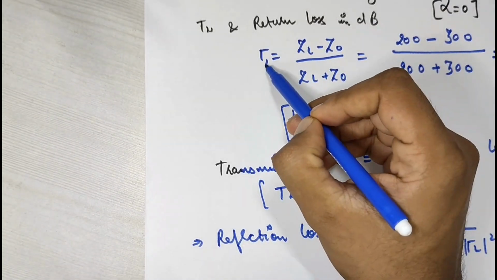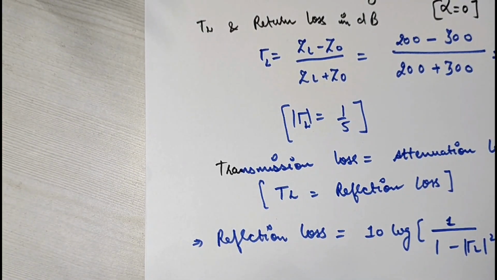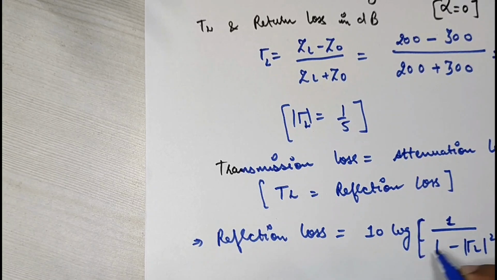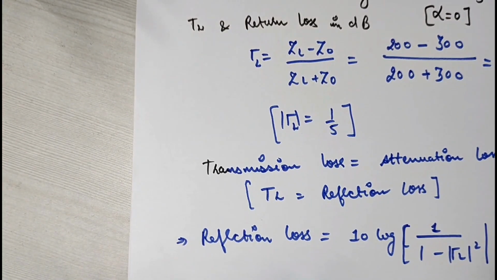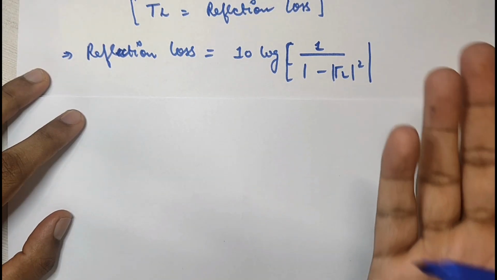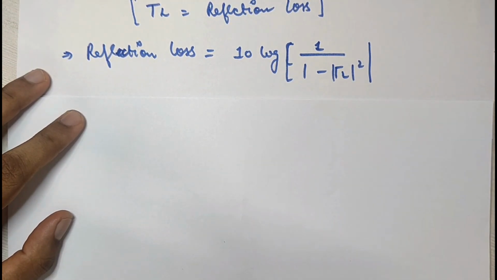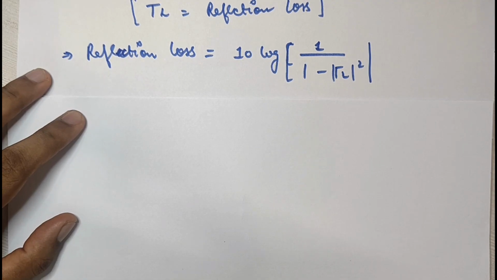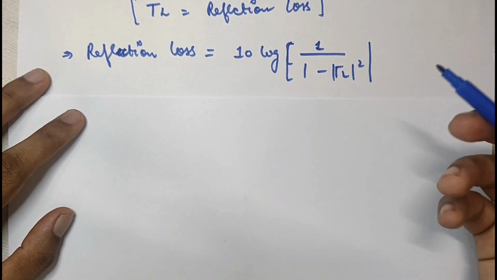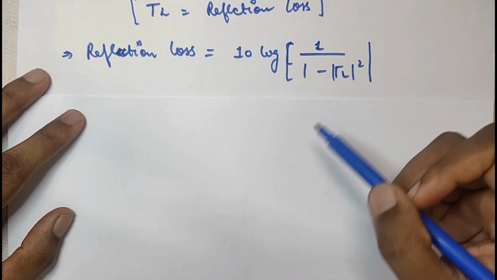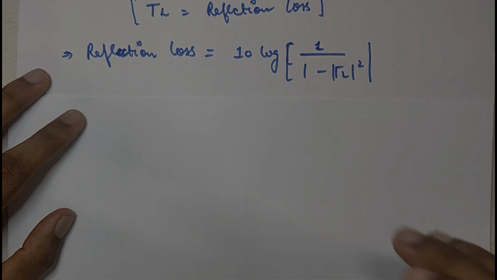We have calculated the reflection coefficient at load, right? This is the formula. We can directly substitute in this equation and we will get the answer, but I want to deviate a little bit here, just trying to explain how we have arrived at this particular formula.